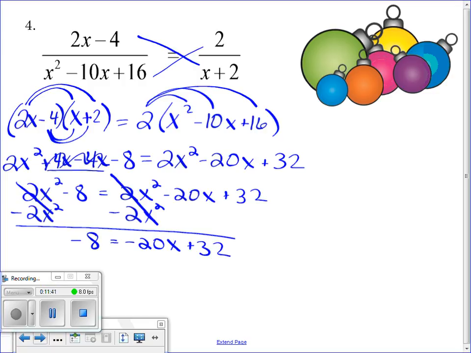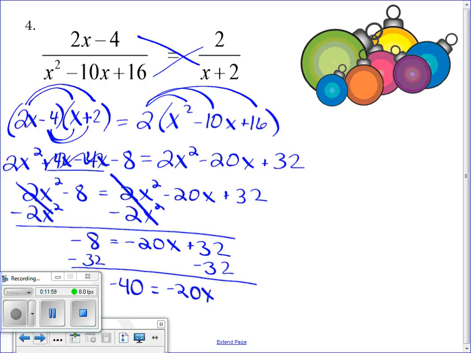So I have negative 8 equals negative 20x plus 32, because my x squared is actually canceled out. So what do I go from there? Good. Subtract the 32. So we have negative 40 equals negative 20x. Divide by negative 20. So x equals 2.